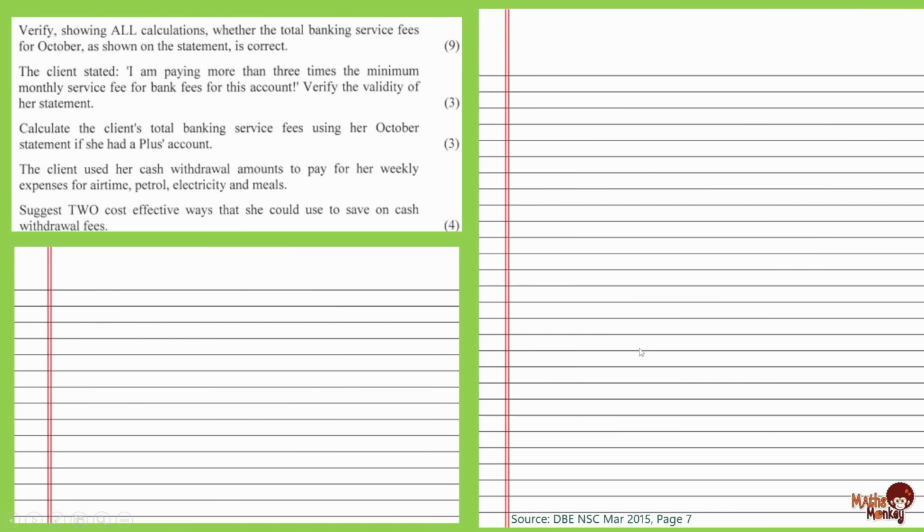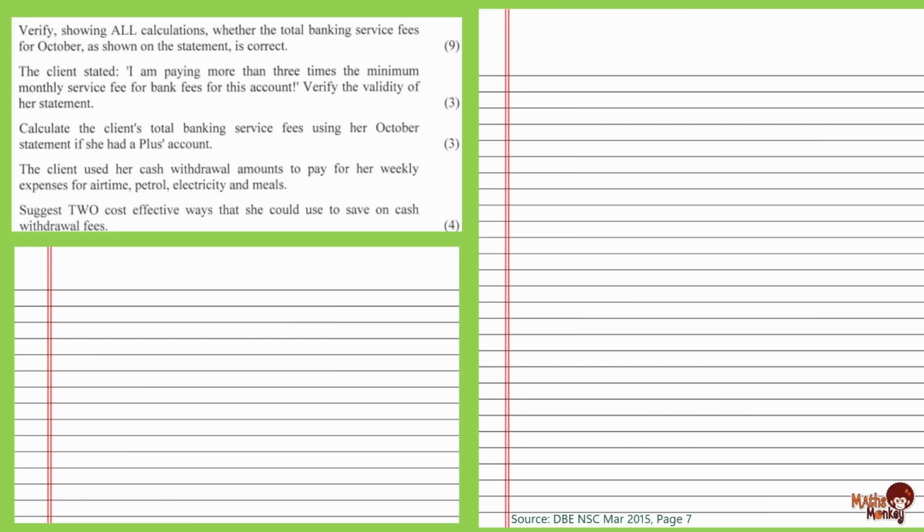So the first question says, verify, showing all calculations, whether the total banking service fees for October as shown on the statement is correct. Right? Now I'm going to need to go back and forth because all the information couldn't fit on one page.